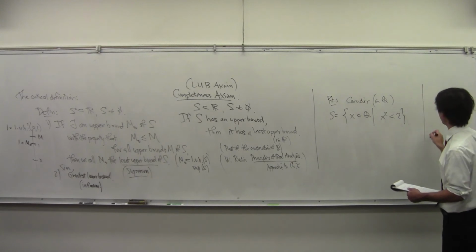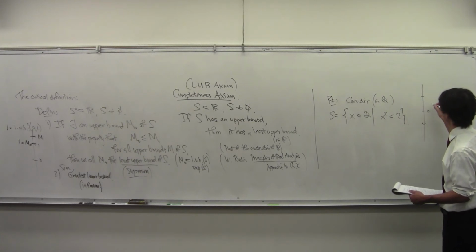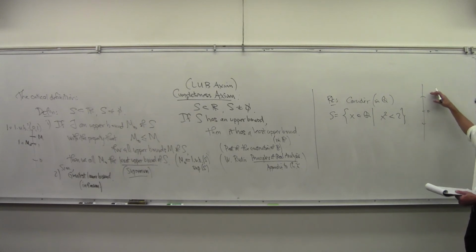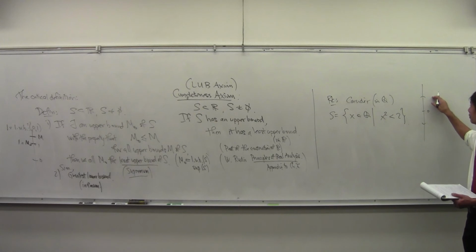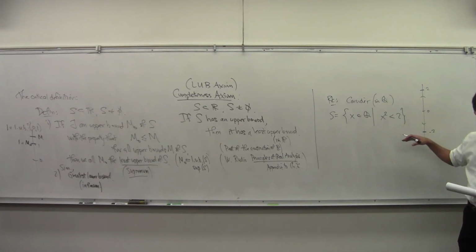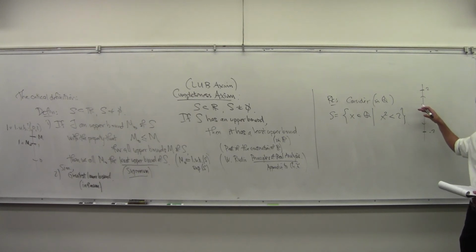This has an upper bound, right? All these numbers are between -2 and 2. This is a bounded set. It has an upper bound, but there is no least upper bound in Q.